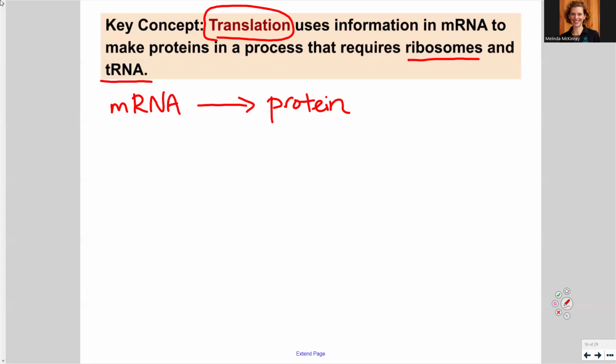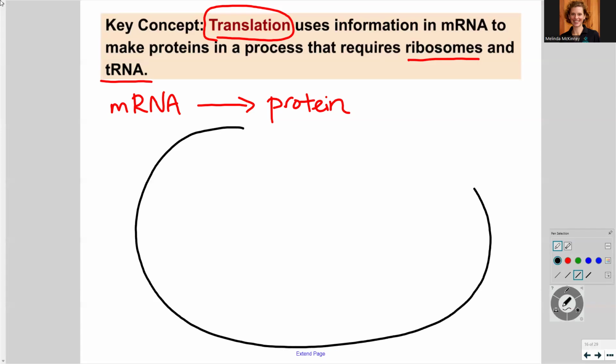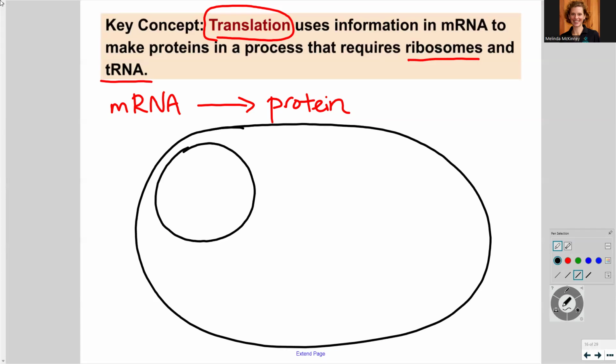So just a little overview here. Here's my nucleus. Let me draw my cell. Okay, so here's a cell, and we have a eukaryotic cell. In the nucleus, we've got our DNA, double helix, that is transferred into messenger RNA.